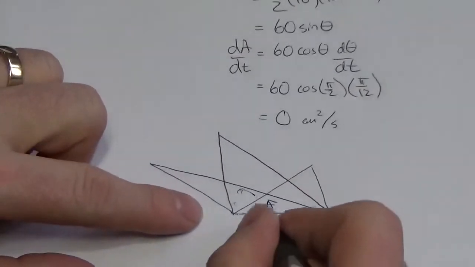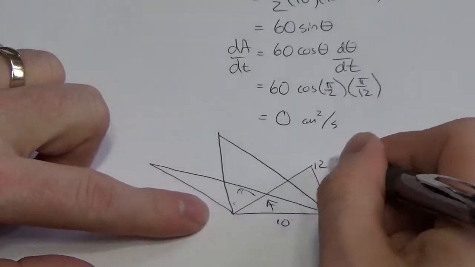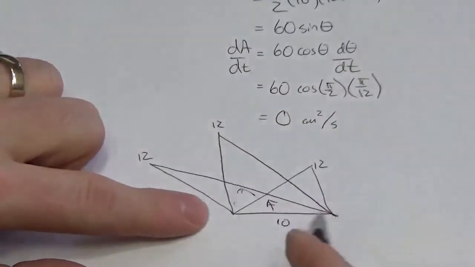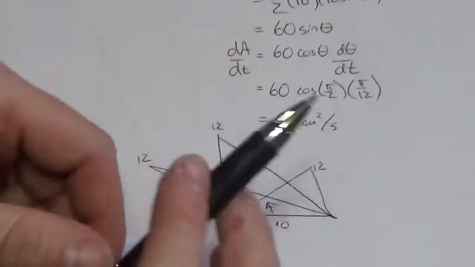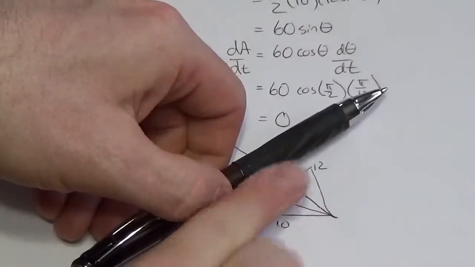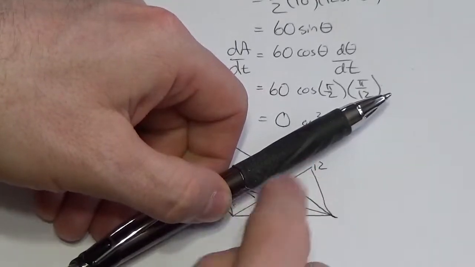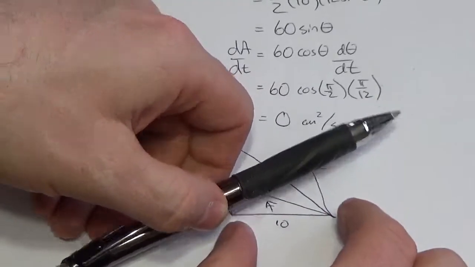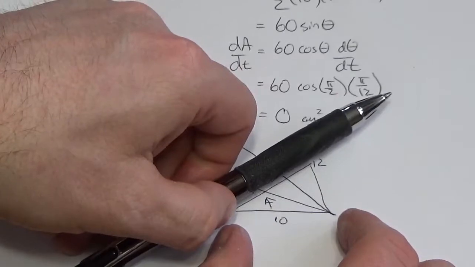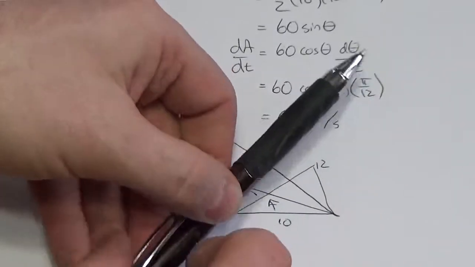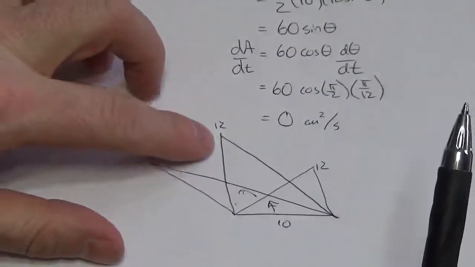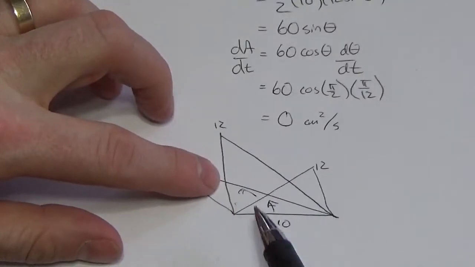So here's my 10, and here's my 12, here's my 12, here's my 12. Now notice that when theta is less than 90, the triangle that I form here, its area as I rotate this out is increasing. It increases, it increases, and increases until I get to that angle pi over 2 between them.